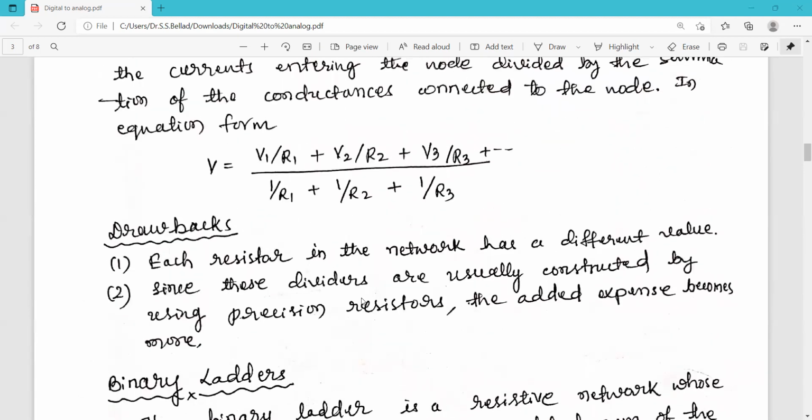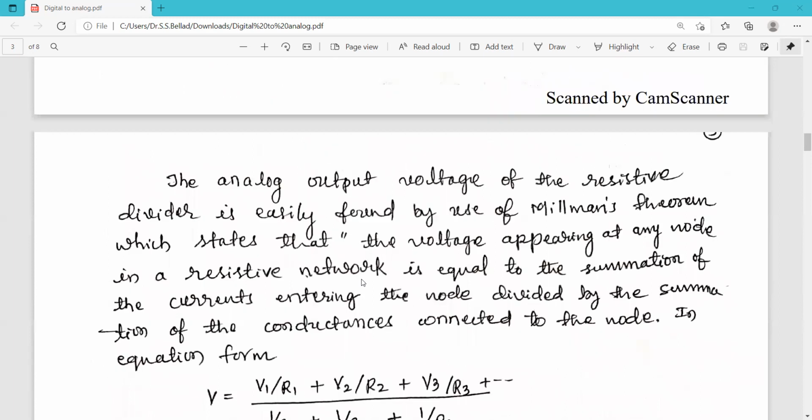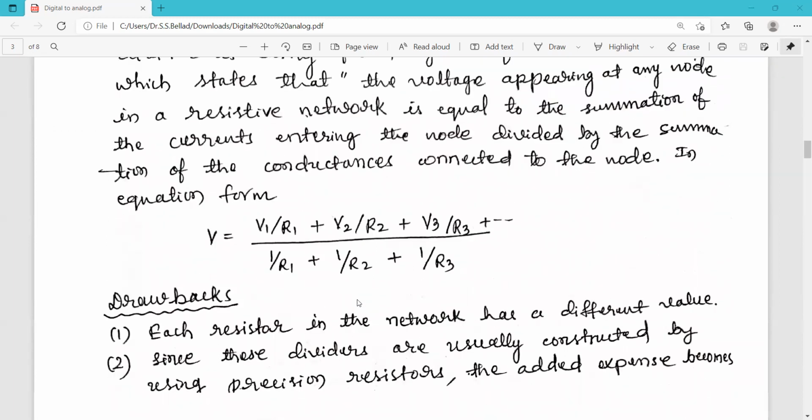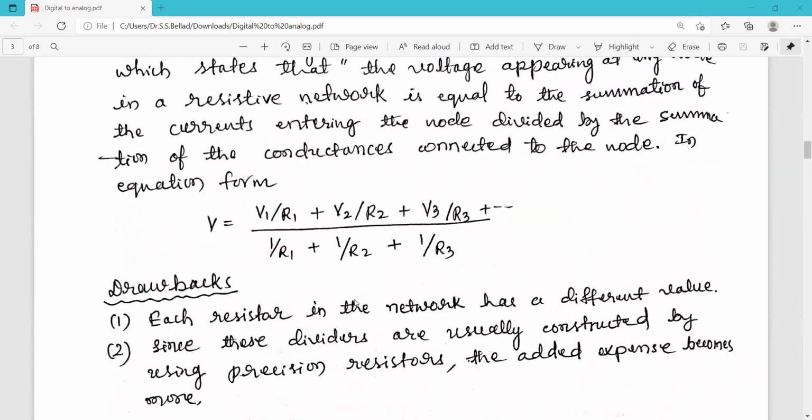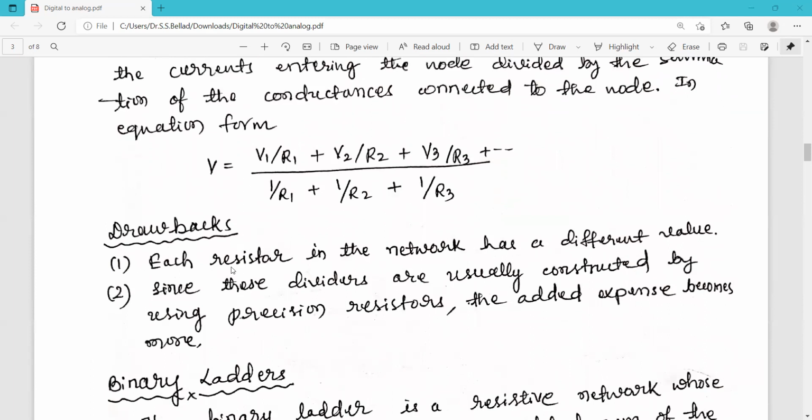So this is a very simple resistor divider network. It converts the digital signal into the analog signal. Because of its simplicity, it has drawbacks. The drawback of this resistor divider is that each resistor in the network has a different value.